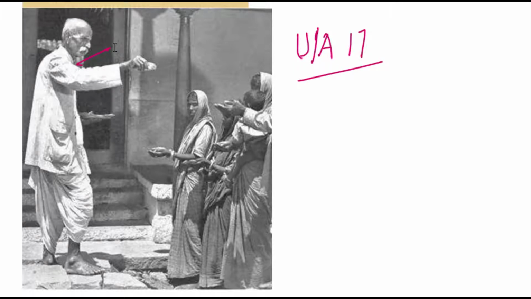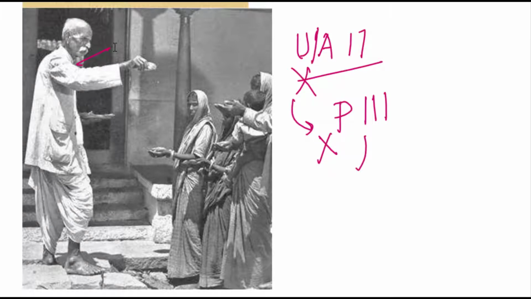It says that untouchability cannot be practiced, but the person is practicing it. Therefore, he is violating Article 17, which is contained in Part 3. This Article 17 is part of Part 3. Therefore, the old man is also violating Part 3.